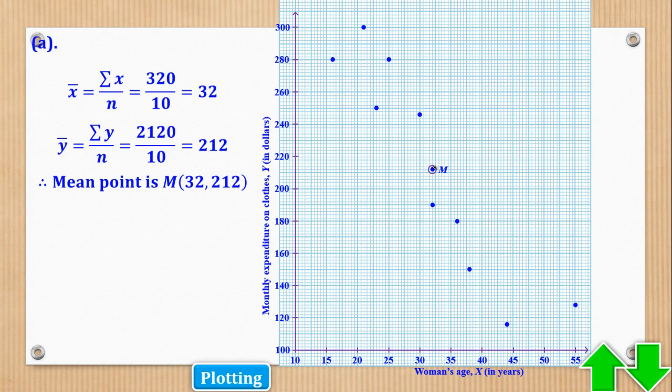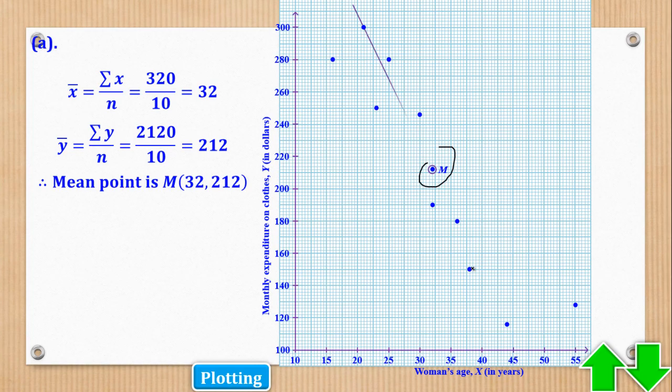Then from there, we're going to draw our line of best fit. Condition 1, it must pass through this mean point. Condition 2, it must pass through any other one or more points plotted. And condition 3, it must leave equal or almost equal points on either side.